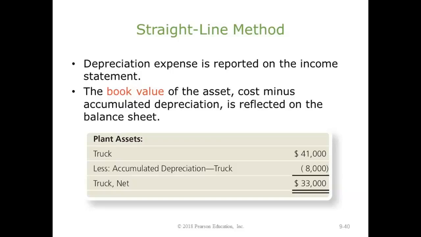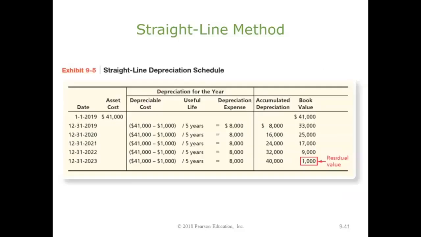Now again, with the net book value, it's always the cost of the asset minus its accumulated depreciation. So in this case here, cost minus accumulated depreciation, I'm going to get a net book value. So the net book value on this asset is always going to go down every year. Now, this is a straight line depreciation schedule.